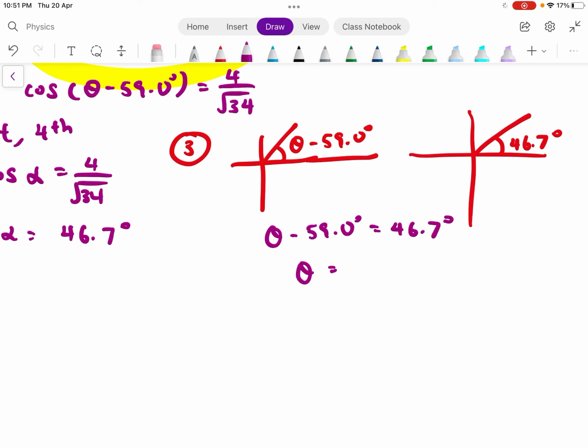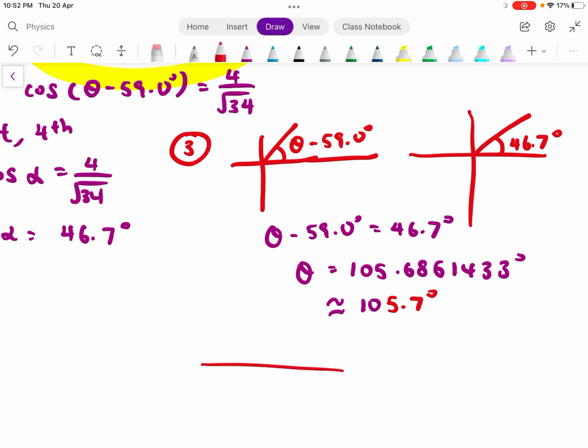So theta will be equal to, let's calculate, about 105.6861433 degree. So apparently this theta is 105.7. Always go back to 1 dp.